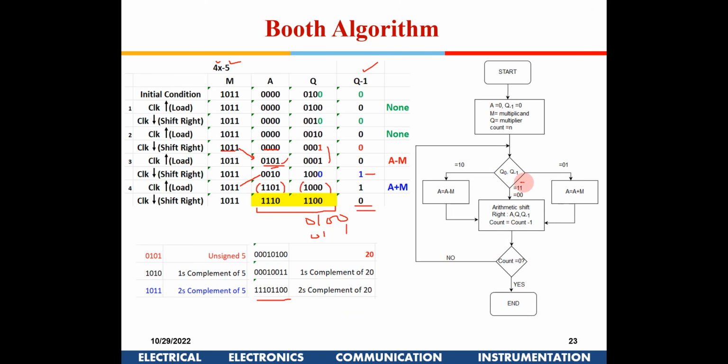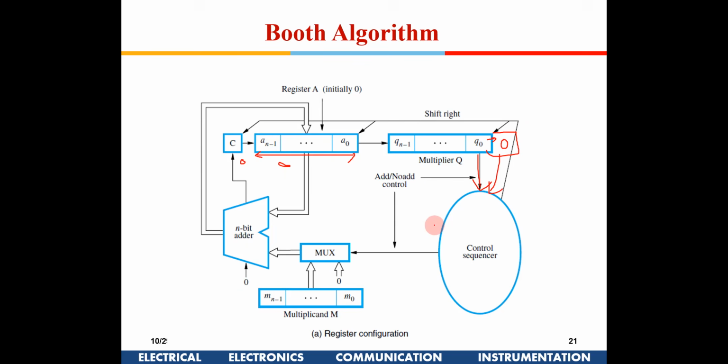No, as per the Booth algorithm, if it is 0, 0 or 0, 1, we just do an arithmetic shift, right? Now, this has to be an adder subtractor, right? So one control line for this, whether to add or subtract, also has to come from here.